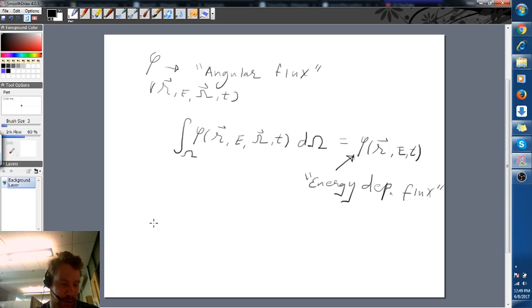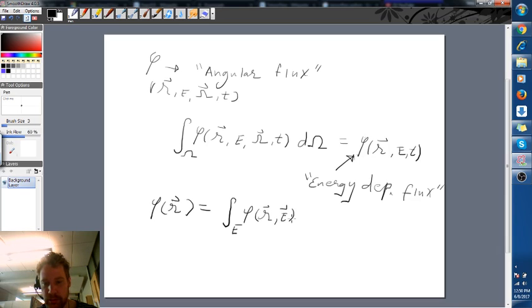And then probably most generally we have just the neutron flux, phi of r. And phi of r is just the integration over all the energies of the energy dependent flux. And this is for your beginner level problems. This is probably the most common thing you'll use.